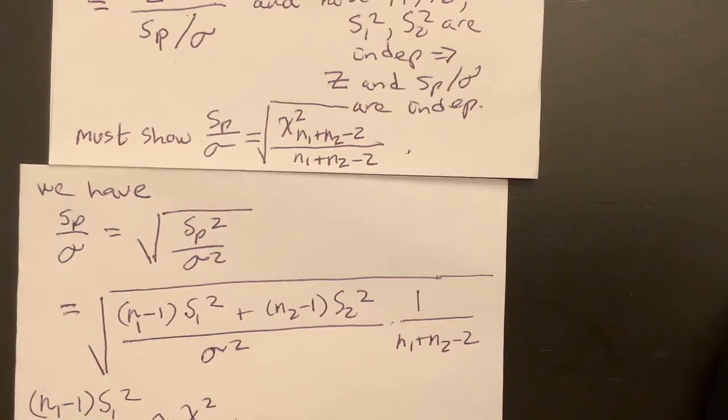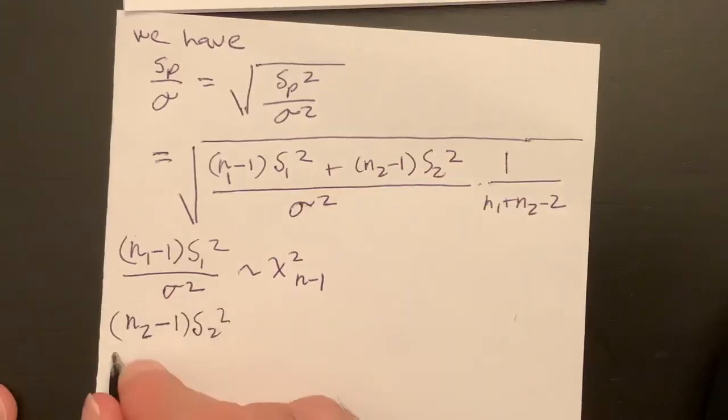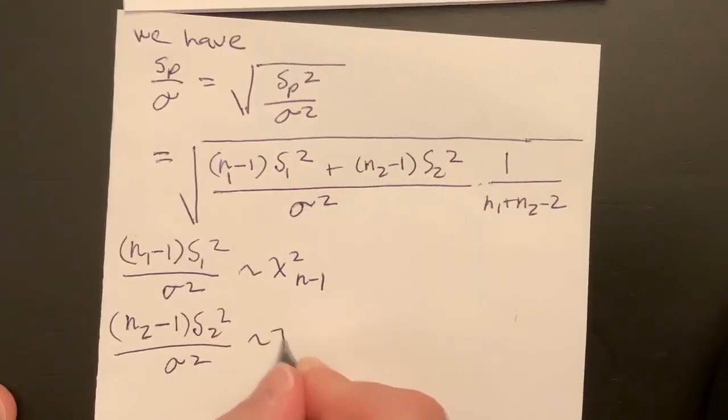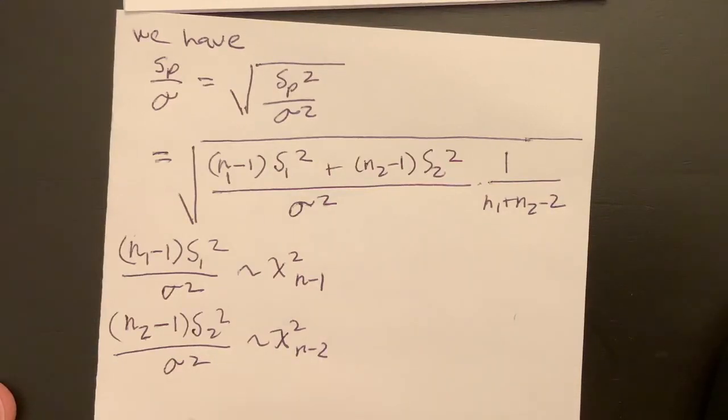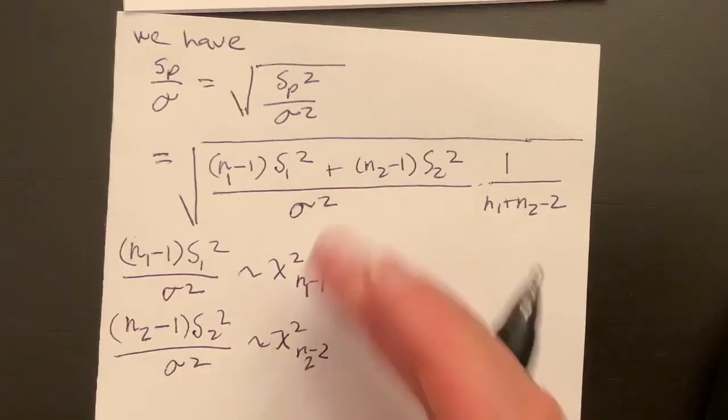Also, same, n2 minus 1 times S2 squared over sigma squared is chi-squared with n2 minus 1 degrees of freedom. Now, when I add two independent chi-squareds, I get another chi-squared and their degrees of freedom add. Remember, chi-squared is just the sum of that many standard normals squared. I've got to put the indices in here, right?